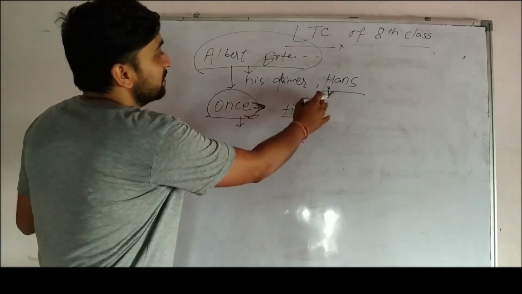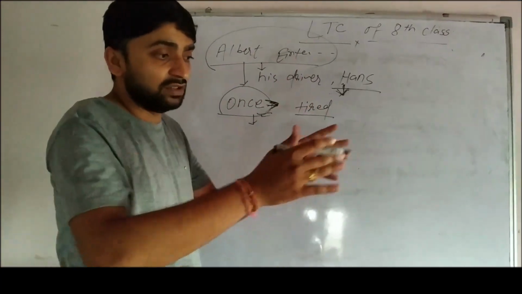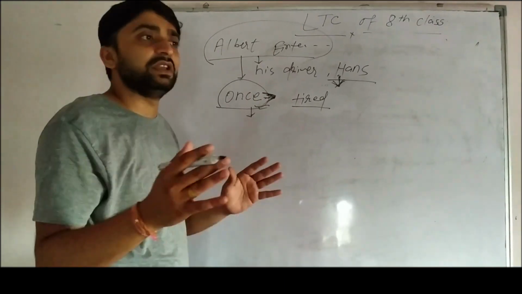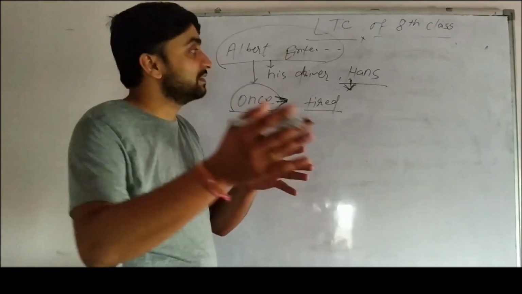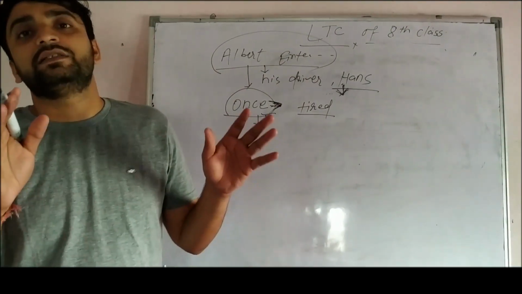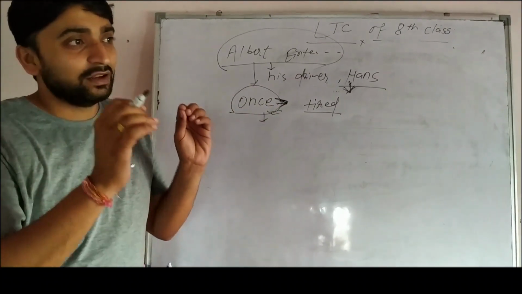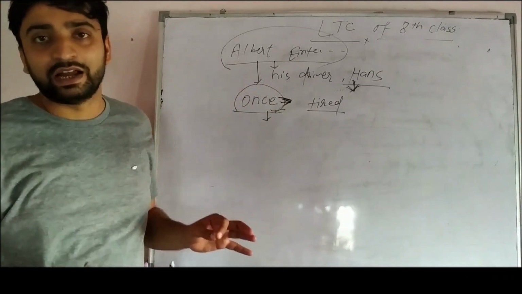Hans went up to the stage and started to give the lecture, and everybody assumed he was Albert Einstein. He gave the lecture as Einstein used to, and nobody felt even for a second that he was not Albert Einstein.